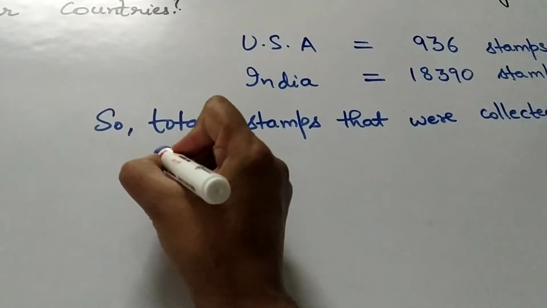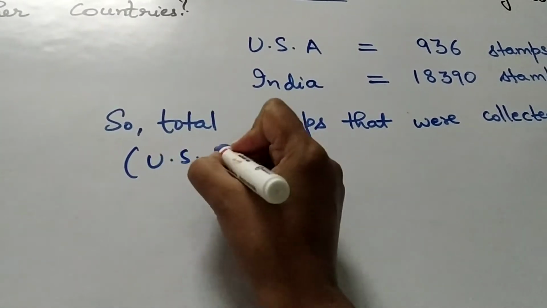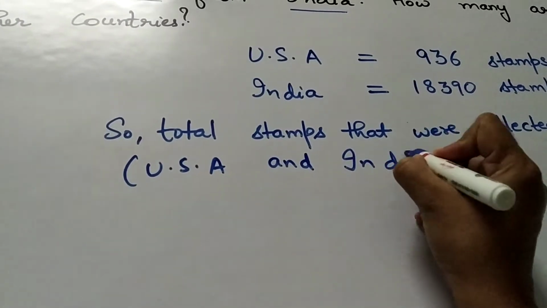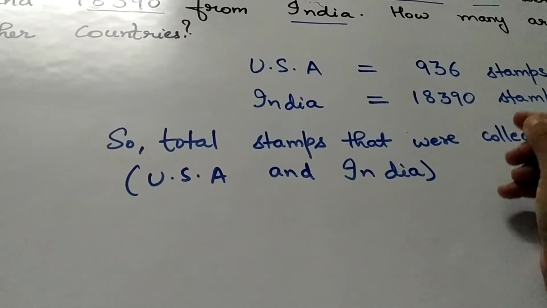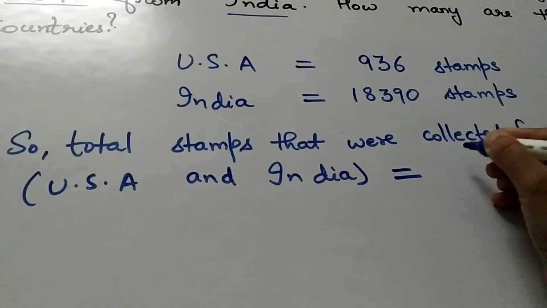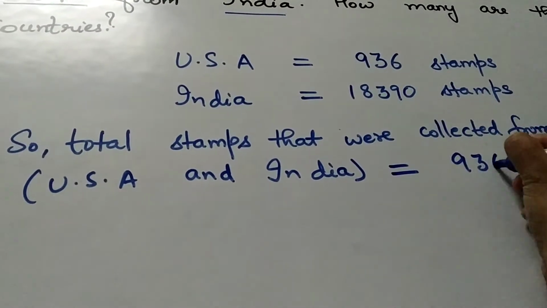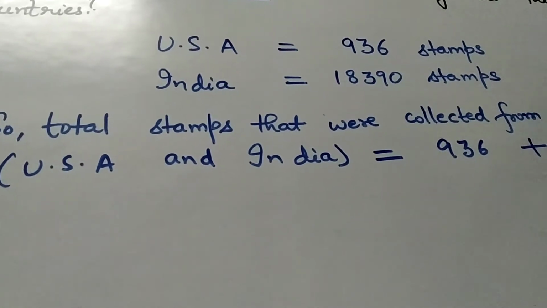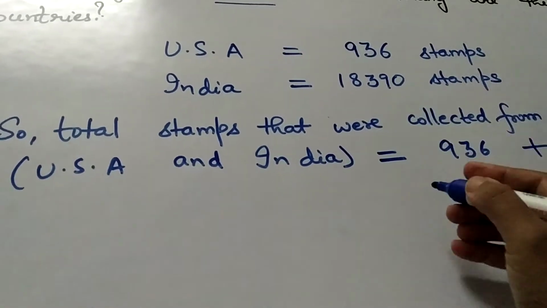Which two countries? We can write USA and India is equal to 936 which were collected from USA and 18,390 which were collected from India.